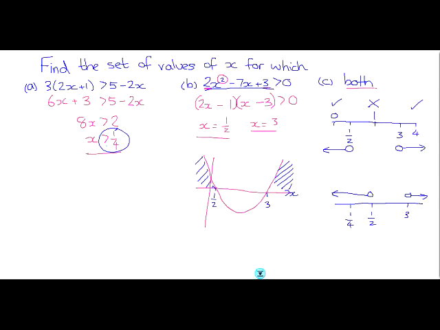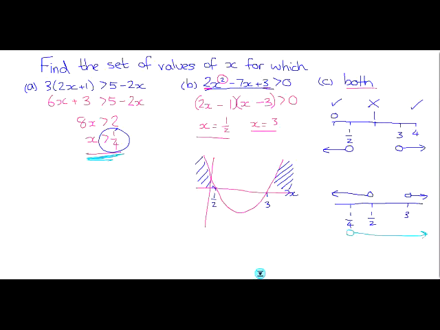So this first one says it has to be more than a quarter. So there's a quarter, and it has to be more all the way to the end. What you're looking for is this section of overlap. You can see here there is a section of overlap.